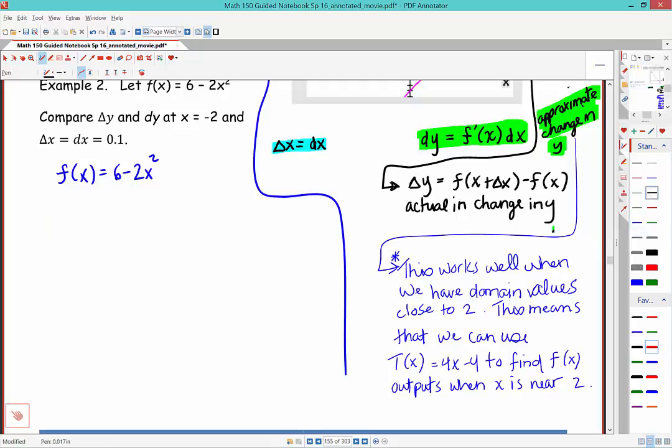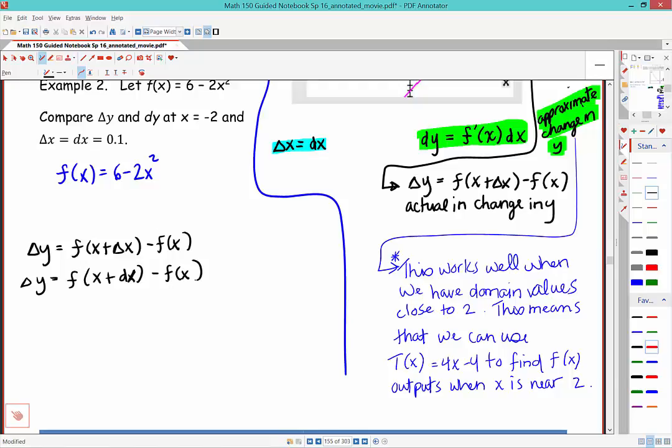So delta y is f at x plus delta x minus f at x, but we just said that delta y can be found as f at x plus dx, right? Because delta x equals dx, minus f at x.